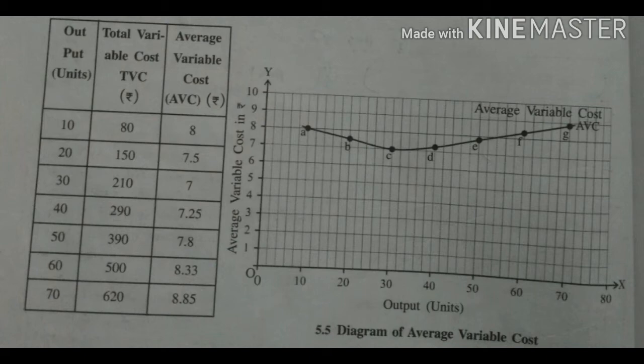This indicates that in the beginning, as output increases, average variable cost decreases because it follows the law of increasing return to scale. After the production of 30 units, average variable cost shows an increasing trend because it follows the decreasing return to scale law. Thus, average variable cost is related to the volume of production.